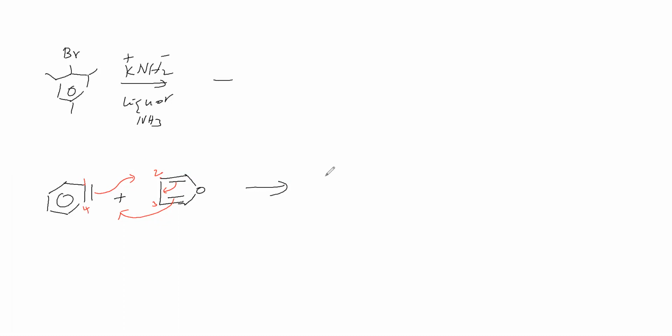We will see. This benzene ring we will write. Then this number 1 carbon is making a bond with the number 2 carbon. Number 2 carbon is making a bond with the number 3 carbon. Number 3 carbon is making a bond with the number 4 carbon.